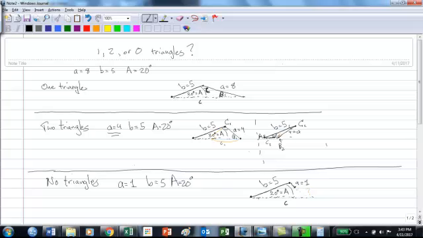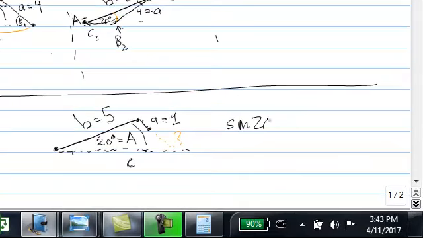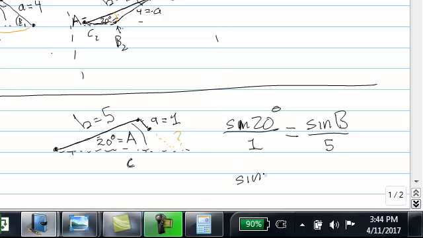Okay, so in other words, we know that sine of 20 degrees, that's the sine of angle A, is to side A, that's 1, as sine of beta, that's our unknown, or they're using capital letters and they call it sine B, angle B, is to side of length 5, because that's what B is equal to, using the law of sines. We cross multiply, and we'll see that sine B is equal to 5 times sine 20.